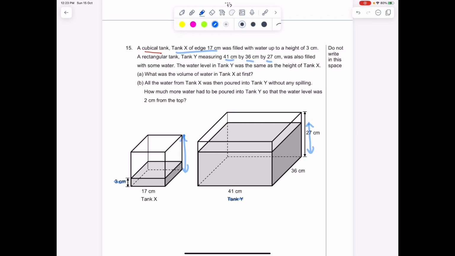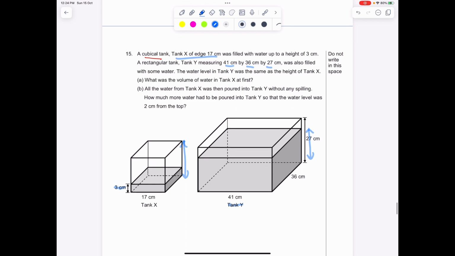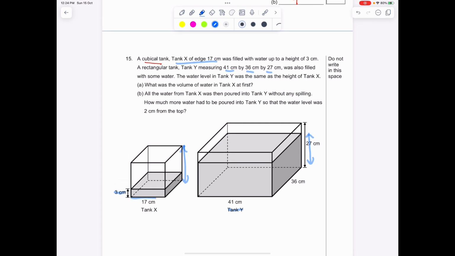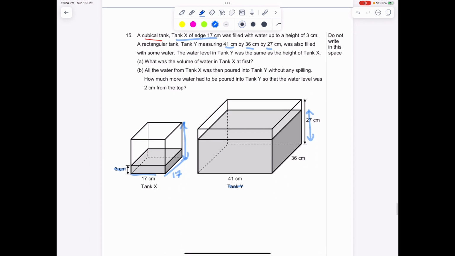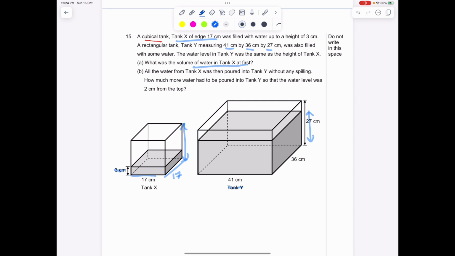To do this is very straightforward because they told you it is a cubical tank, right? So in this case, we know that if this is 17, this is also 17. Therefore, to find the volume of water in tank X, all we need to do is take 17 times 17 times 3, and your answer will be 867.